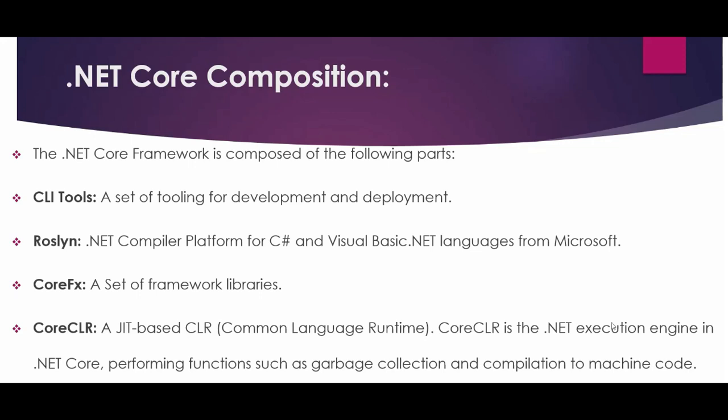It also has CoreFX, which is a set of framework libraries. It has CoreCLR, which is a JIT-based CLR. When I say CLR, this is Common Language Runtime. So CoreCLR is the .NET execution engine in .NET Core, performing functions such as garbage collection and compilation to machine code.